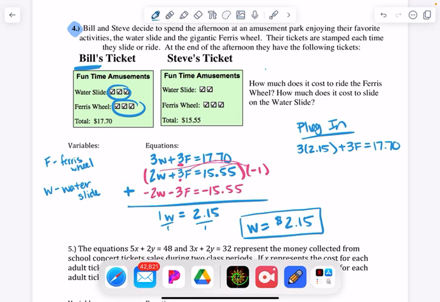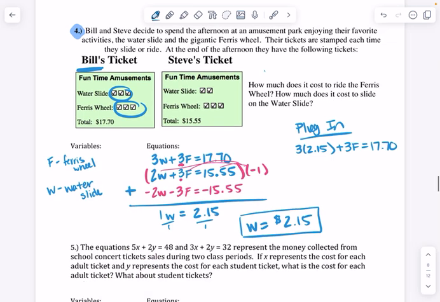So 3 times 2.15, 6.45, plus 3F equals 17.70. Minus 6.45. So 3F equals 11.25.